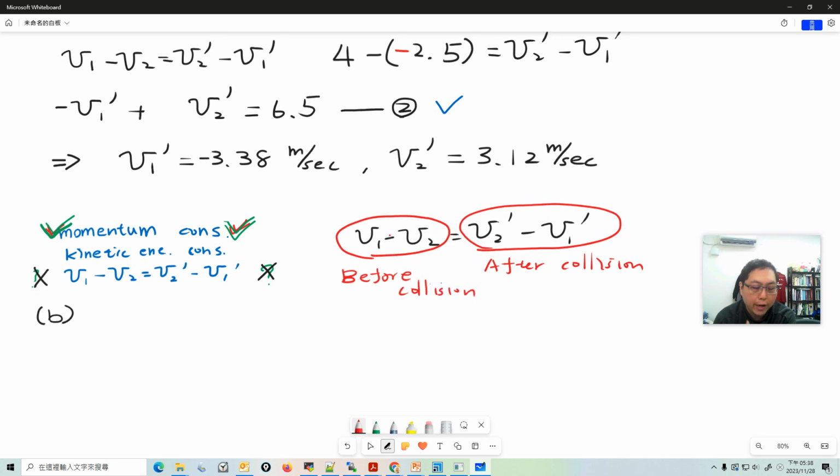Right now we want to calculate the velocity at a particular intermediate state, so this equation is not used for the intermediate state, and we cannot use it in this problem.